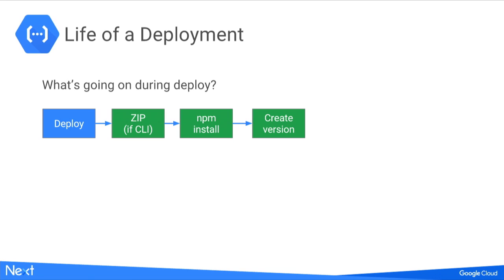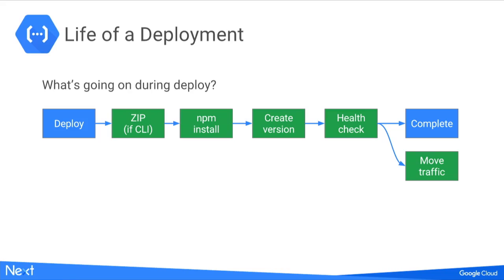We have internally a thing called create version. So what this is doing is saying, okay, we have a new version of this function. I'm going to create a new version so the existing version continues to exist. And before we do anything, I'm going to health check that. I'm going to make sure that that thing is okay. That means that the environment's spun up correctly, the image has been created correctly, the runtime has started correctly.